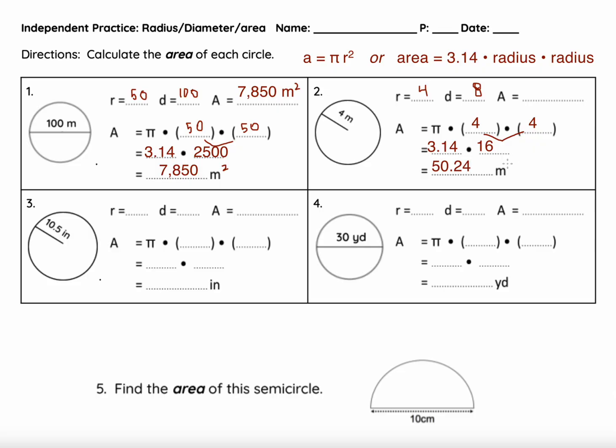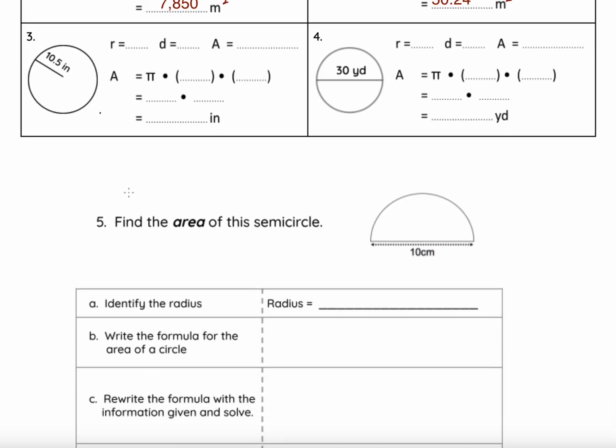And once again, our unit is meters squared, not meters. So make sure to correct that. Now the next two problems are basically the same. The units are different, but the way to solve the problem is the same, so you can use the same strategy. Let's move on to question number 5.